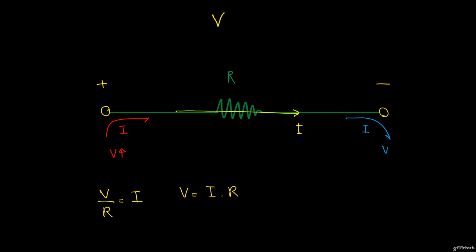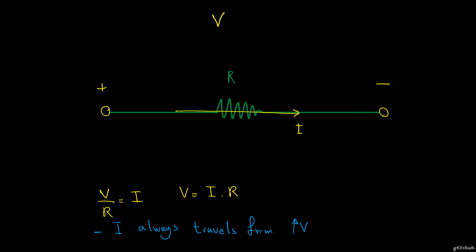So if you notice, the positive terminal over here does have higher potential than the negative terminal. So that explains it. You can make a note for yourself that in circuits, current always travels from higher potential to lower potential.